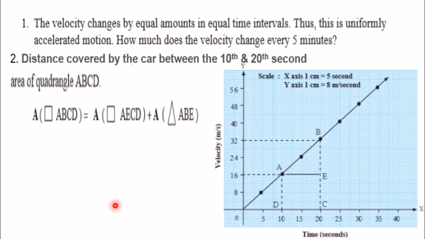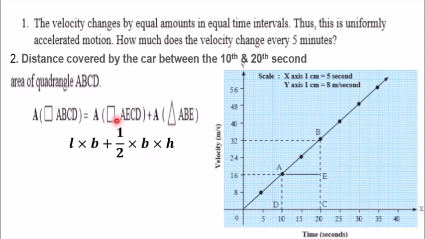So let's find out the answer. The area of quadrangle ABCD will be equal to AECD plus ABE. Now, we know the formula for the area of a rectangle is length into breadth, and the area of a triangle is half into base into height.